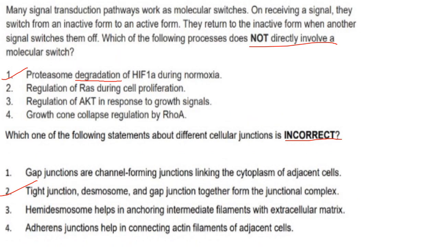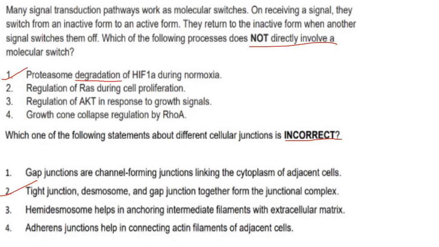Then next one. Many signal transduction pathways work as molecular switches. On receiving a signal, they switch from an inactive form to an active form. Yes, if you remember GPCR, you can see that in the heterotrimeric G protein, the alpha subunit is bound to GDP in the inactive form, and when bound to GTP, it gets converted to the active form.